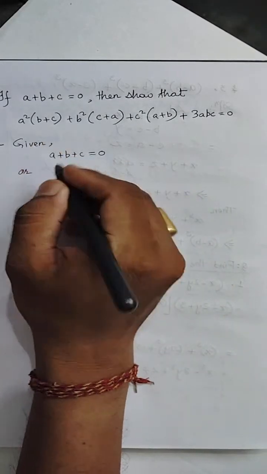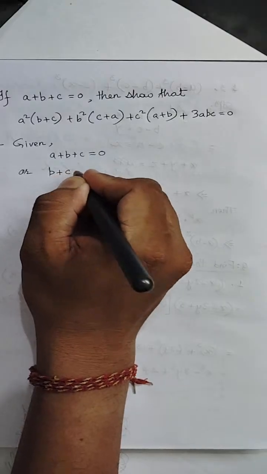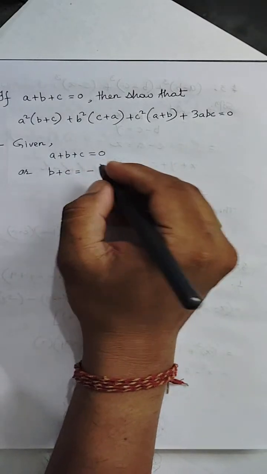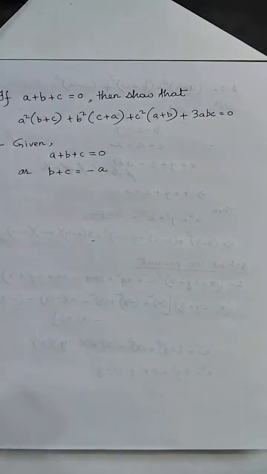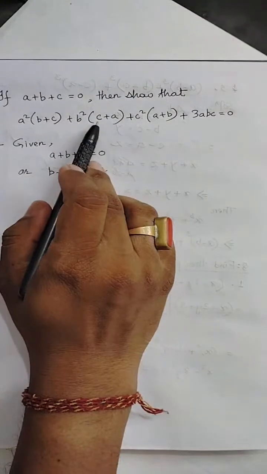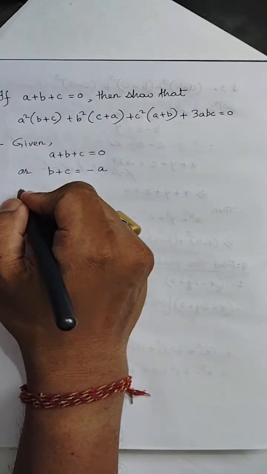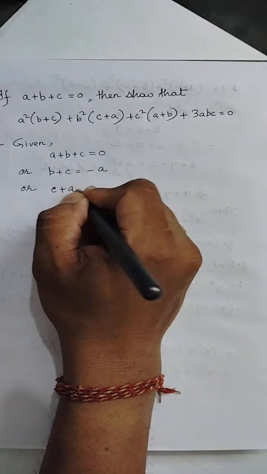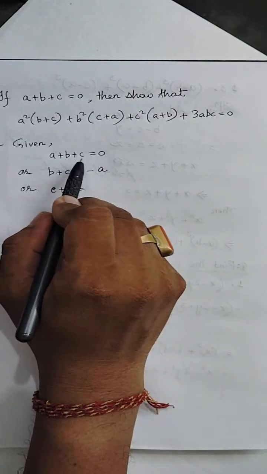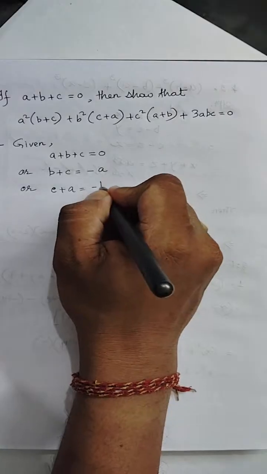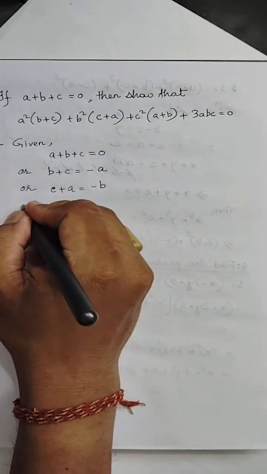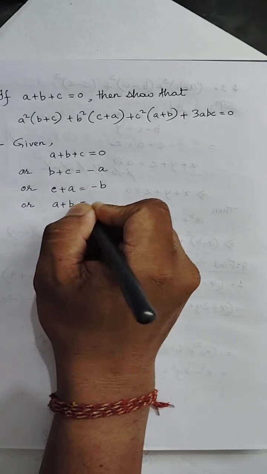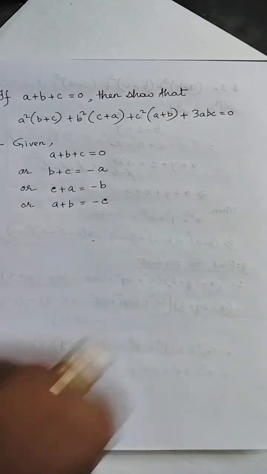So if I have to find the value of b plus c, I will transpose the a to the right hand side. So b plus c becomes equal to minus a. Similarly, if we need c plus a, so we will transpose the b, so c plus a becomes equal to minus b. And similarly, a plus b becomes equal to minus c.